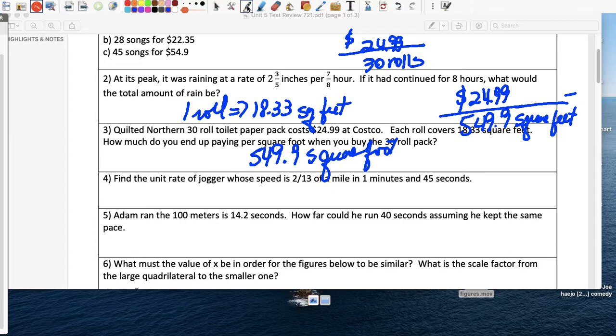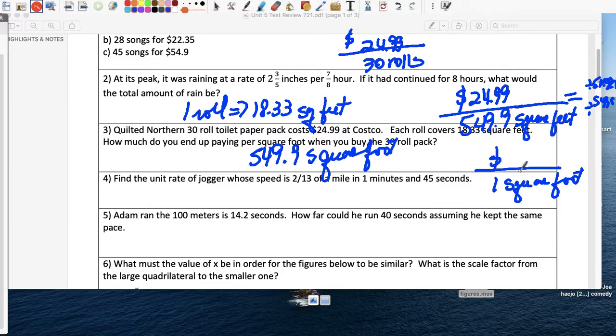But I'm interested to see how much is the cost for 1 square foot. So I'm going to change that to unit rate, and instead of 549.9, we're going to write 1 square foot. How do I do that? Well, we're just simply going to divide top and bottom by 549.9, and that's going to give us 24.99 divided by 549.9, rounded, by the way.